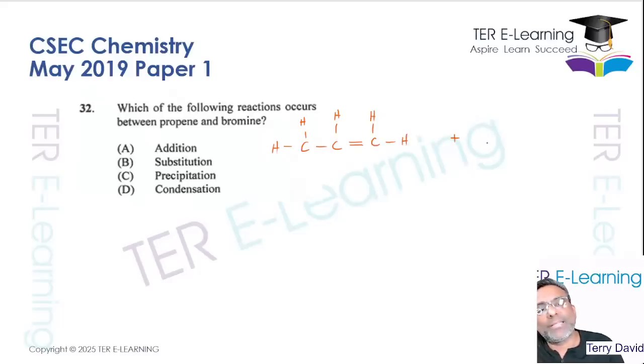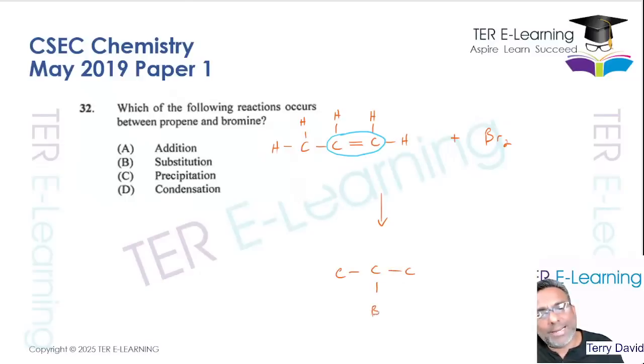And when you react this with bromine, which is Br2, you're going to get a chemical reaction, yes, but that chemical reaction is going to affect your double bond. That's what's going to happen. So in terms of what's going to form here, you're going to end up with this product. The double bond disappears, it turns into a single bond.